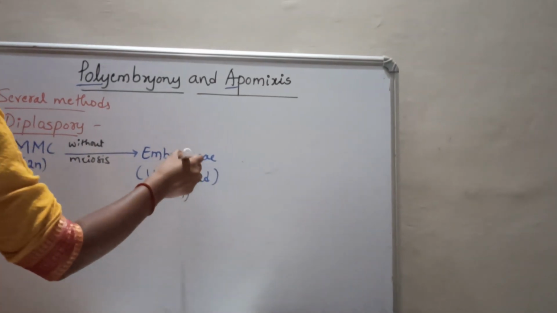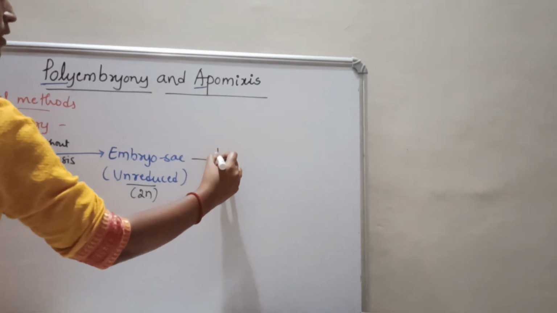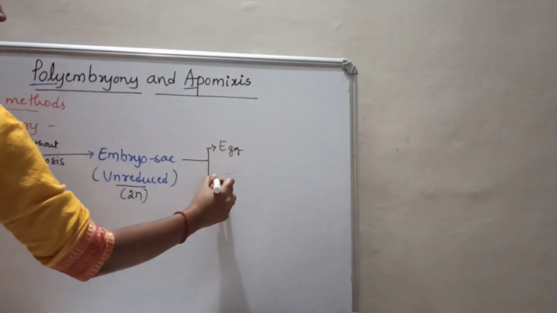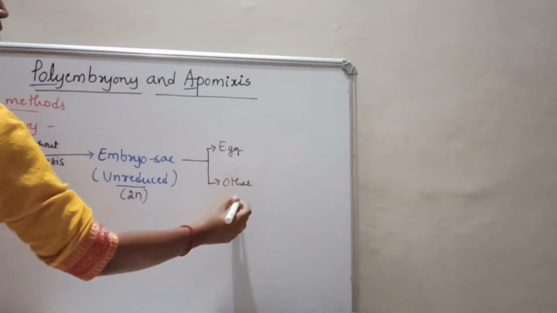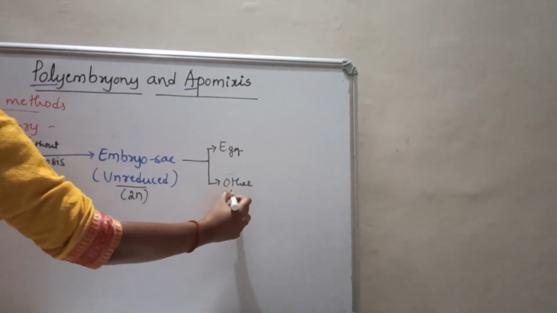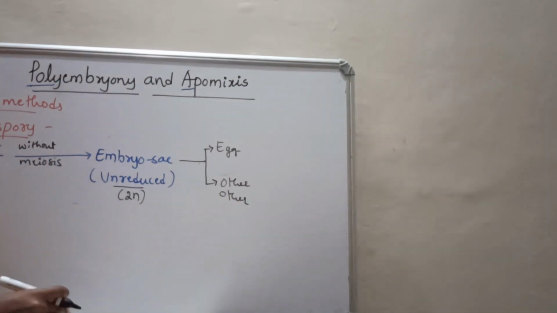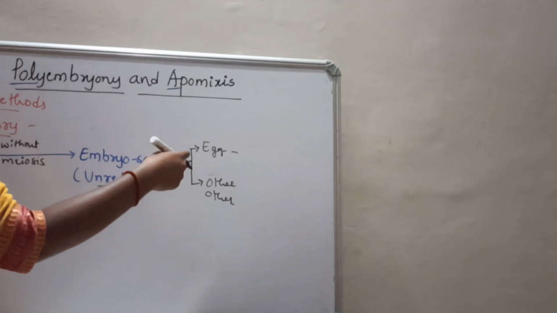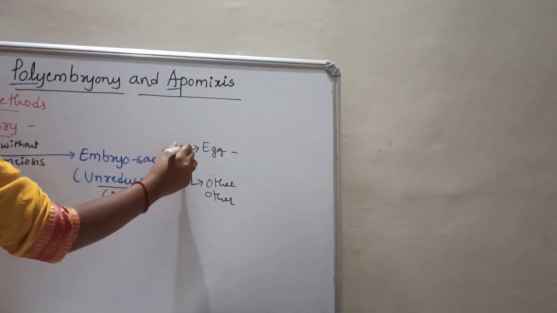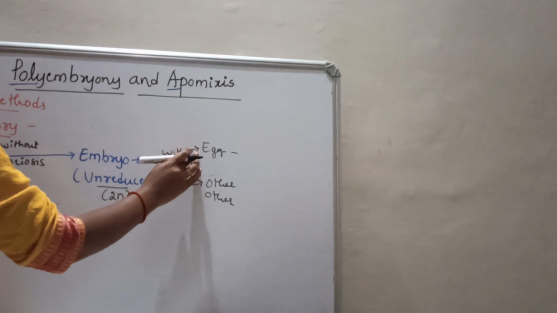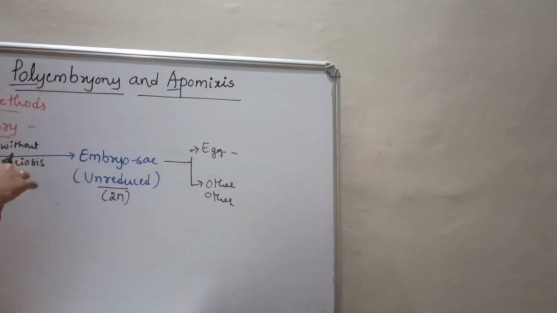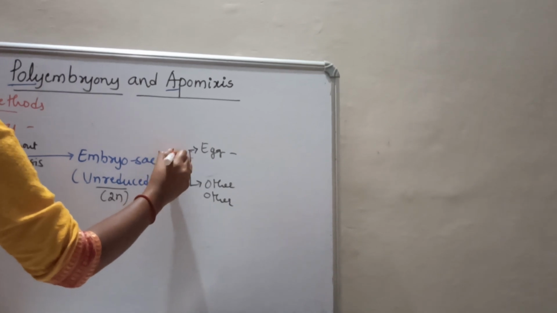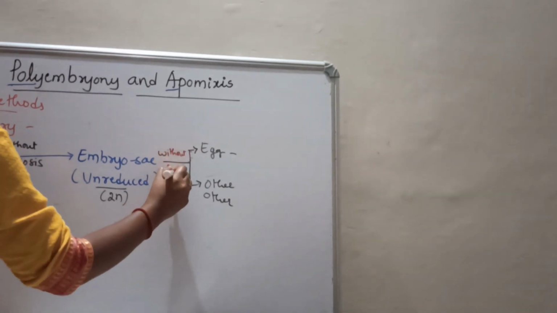Here the embryo sac has different types of cells: the egg cell and other cells, namely the antipodal cells, central cell and synergid cells.